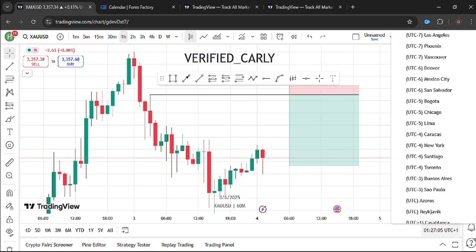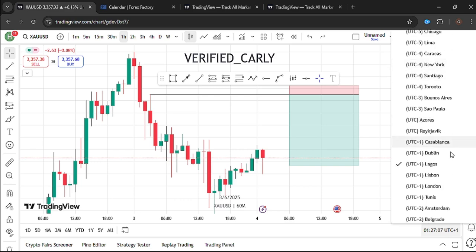Currently, I set mine to Lagos. If you notice, UTC+1 Lagos, because I'm in Nigeria. So wherever you are in the world, Ghana, Cameroon, Liberia, South Africa, okay, anywhere you are, you can just look for your time zone and be using it.